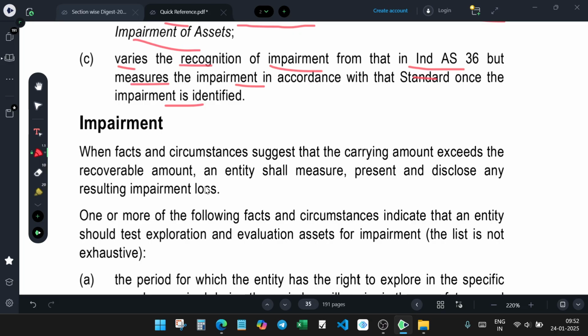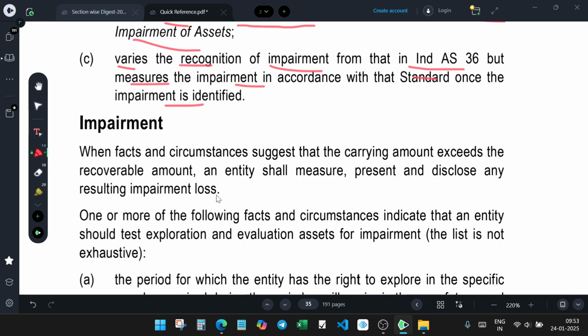But at the end of the 4th year, you find you have recovered only 40 percent of the cost you incurred. 80% of the life of this mining is gone. Then what is that saying? That is impairment loss. You need to book the loss at the end of the fifth year.